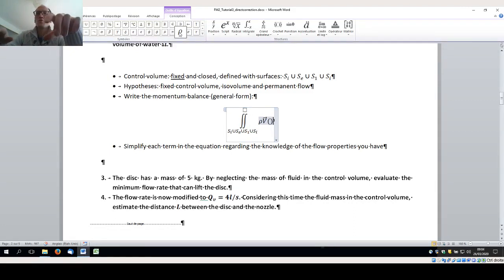It is a term corresponding to the momentum flux through the surfaces.